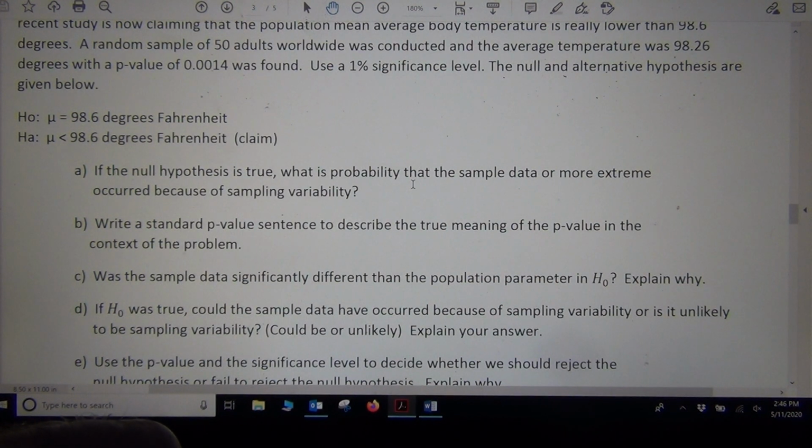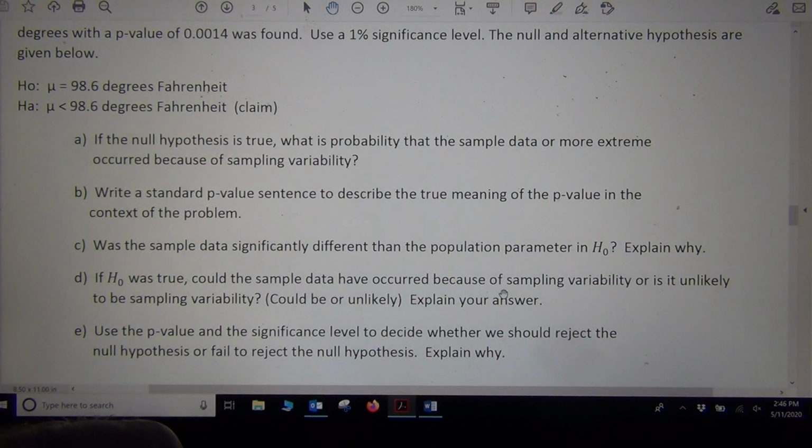It's unlikely to be sampling variability, and we're going to reject the null hypothesis. Actually, I guess I did D and E together. So letter D is, could the sample data have occurred because of sampling variability, or is it unlikely? Again, the p-value was very close to 0. When you have a 0 probability, that's very unlikely. And we said that we're going to reject the null hypothesis.